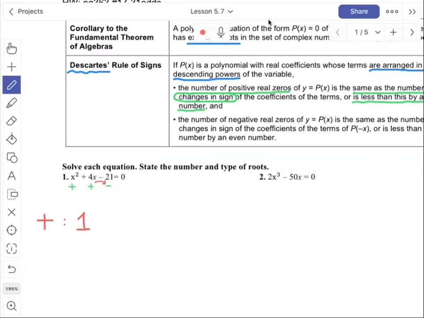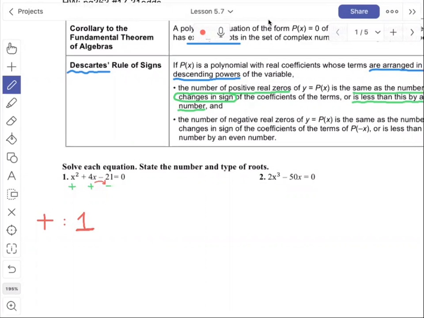Well, if I did less than that by an even number, it's like subtracting 2 basically, I would get -1. Okay, so that doesn't make sense. I can't have -1 number of positive real zeros. So that just means I have exactly 1 positive real zero. All right, so that's what Descartes' rule of signs, that first part, tells me.